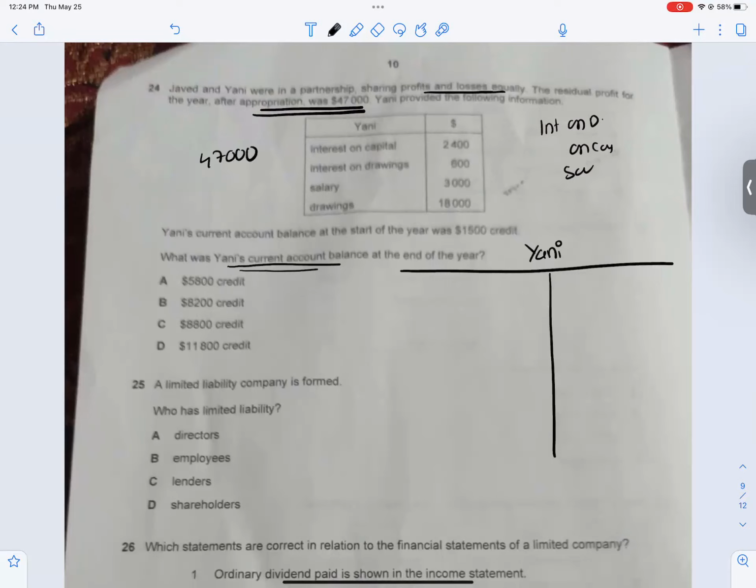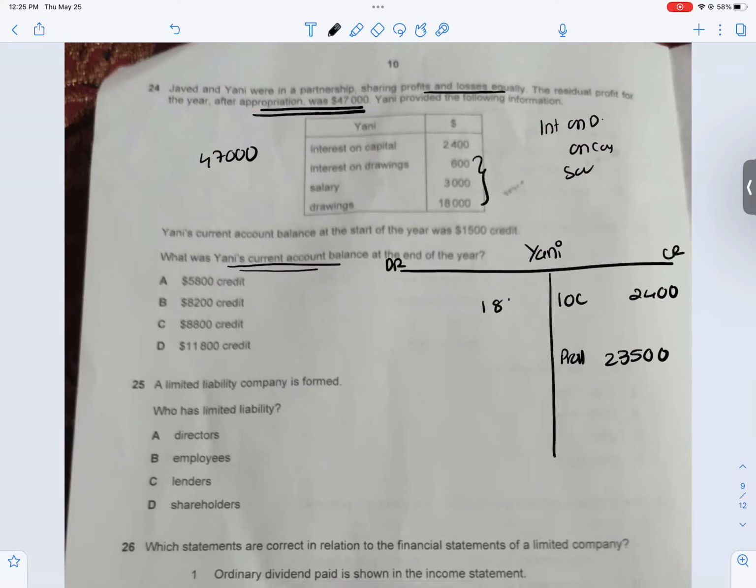What will be Yani's share of profit? 47,000 divided by 2, so Yani's share of profit is 23,500. Interest on capital, 2,400, on the credit side only. Interest on drawings will come on the debit side.